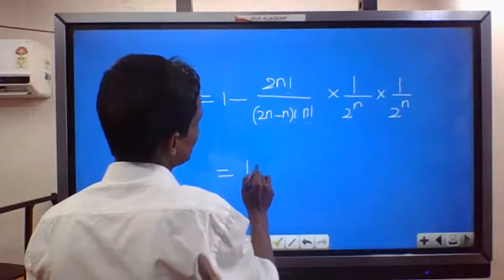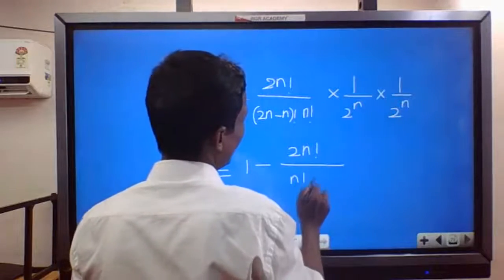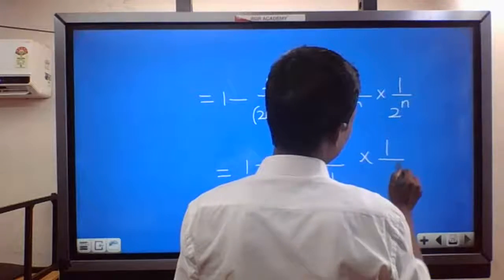So 1 minus 2n factorial divided by n factorial into n factorial into 1 by 4 power n.